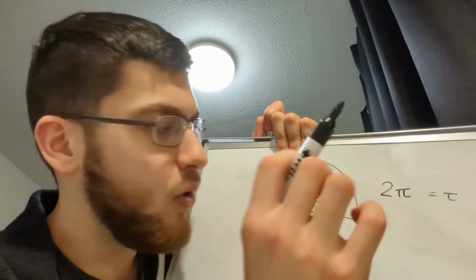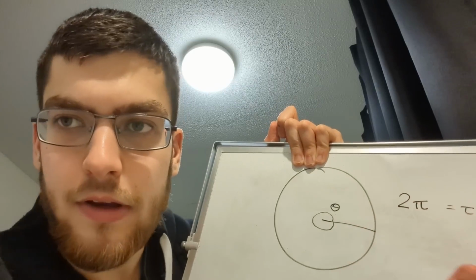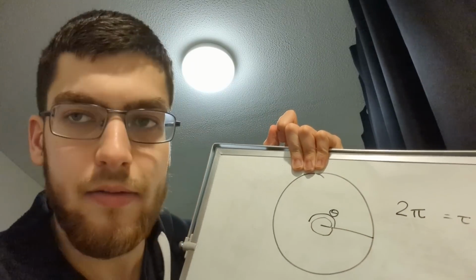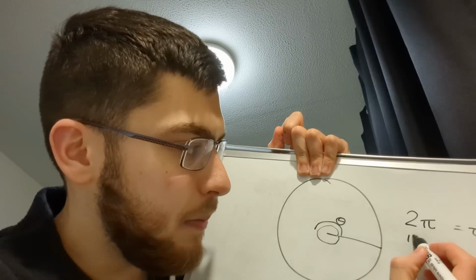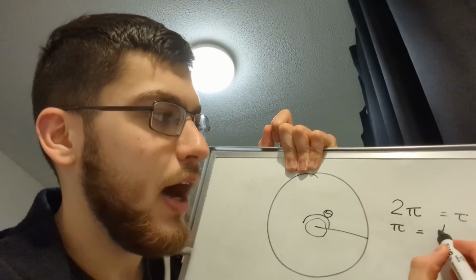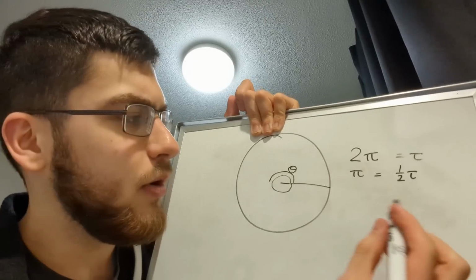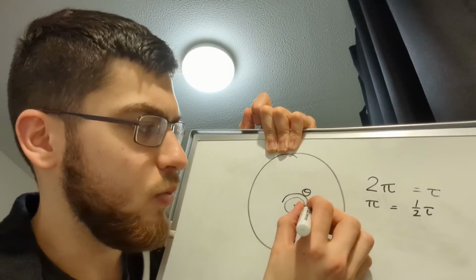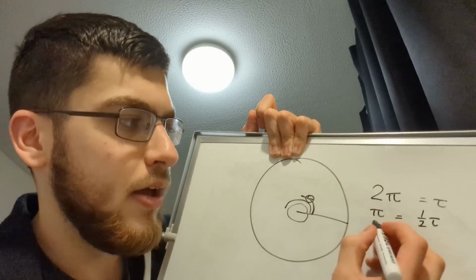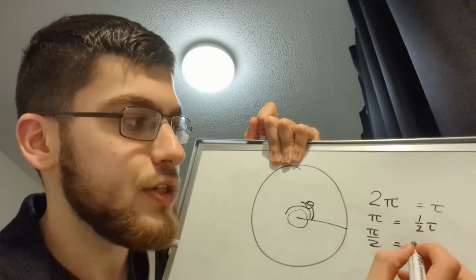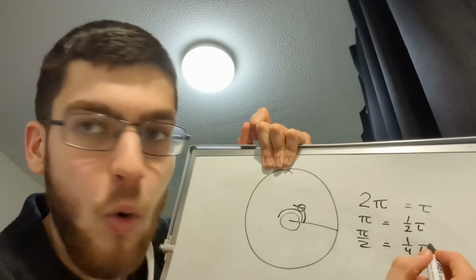All right. What about if I wanted to find a half turn? Well, that would be pi, which is a half tau. Okay. What if I wanted to find a quarter turn? That would be pi over 2, which is a quarter tau.